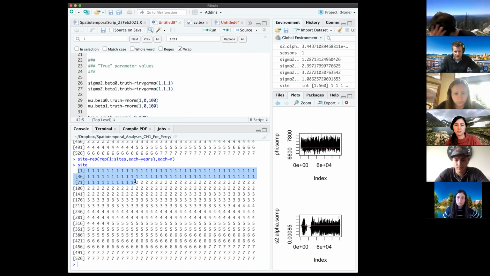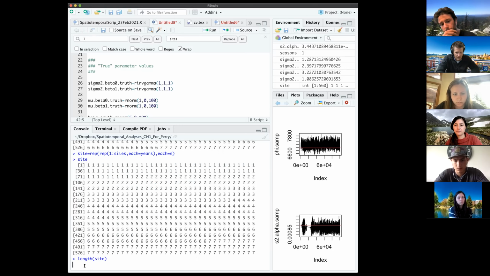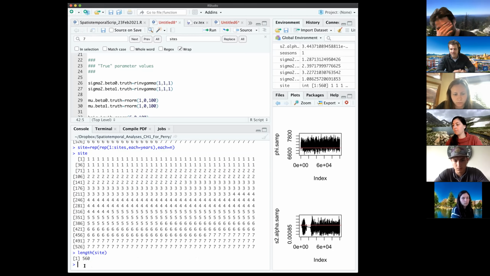And then 4 observations per year, 20 of those gives us all of our observations for our second site. So in total, we have 560 observations. Is this right? Looks good. All right, 560 observations.